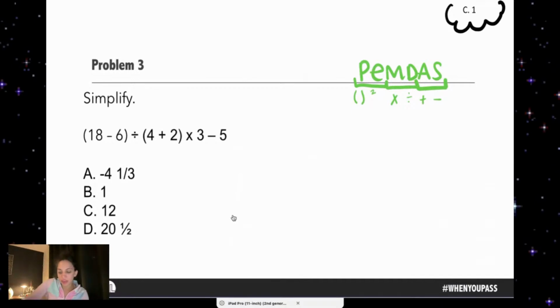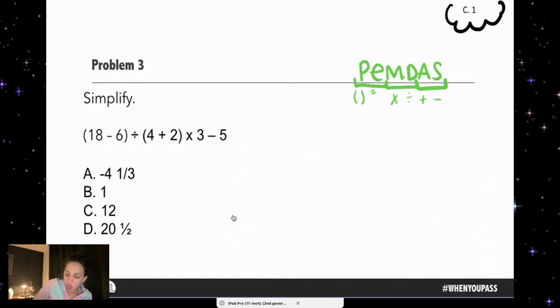So if I have division before multiplication, I'm going to do the division first and then the multiplication. I'm not going to do the multiplication first. And then addition and subtraction come as a pair. So I'm going to do all the multiplication and division first. Then I'm going to do the addition and subtraction, but I'm going to do them in any order, whichever one comes first, left to right.